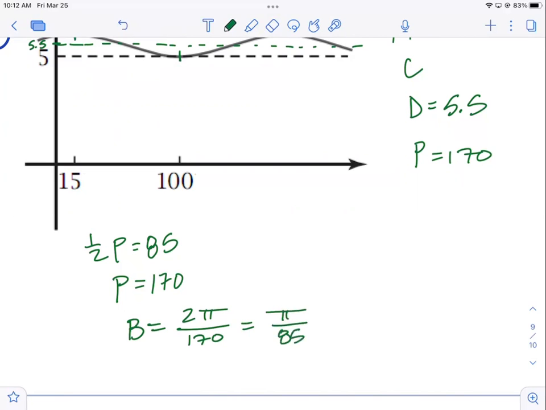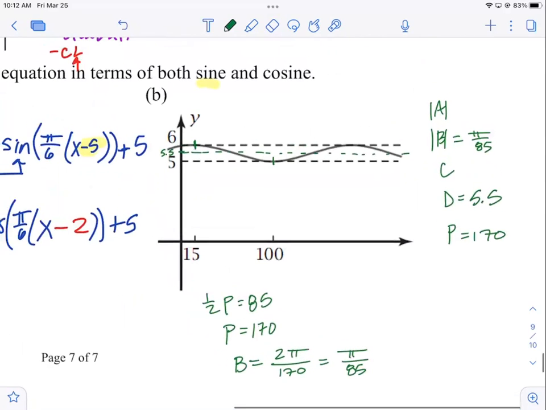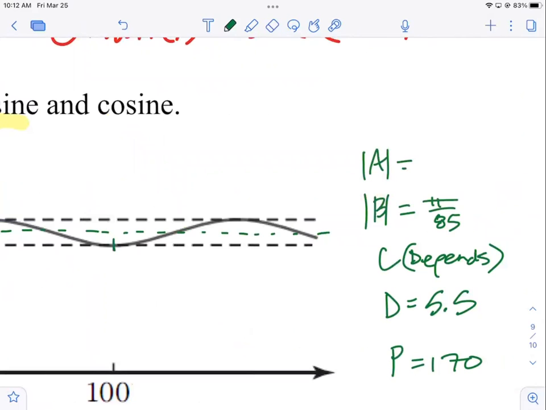So now we have our B value. I'll come up here and put the B as pi 85ths. And let's see, the C value, remember, depends on whether you're calling it positive or negative sine, positive or negative cosine. So really all we need is the A value and we've got it, right? For the A value, how far is it from 5.5 up to 6? 0.5, yeah, so that's 0.5.